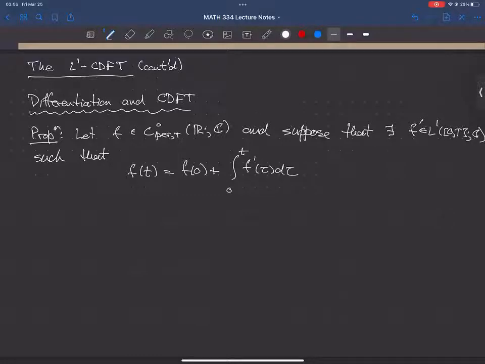Okay, and this is true for every t in 0 to T. Okay, so f prime need not be periodic here.